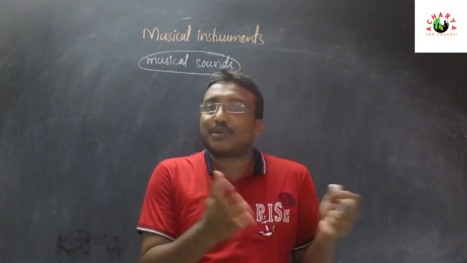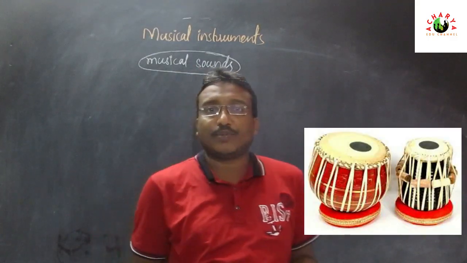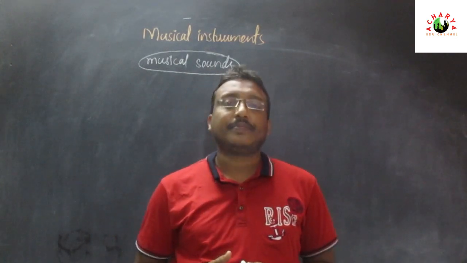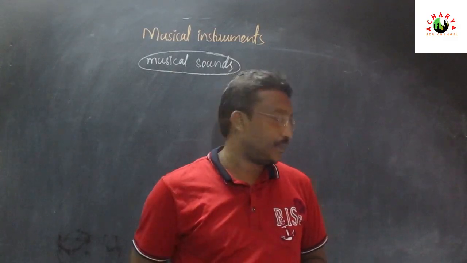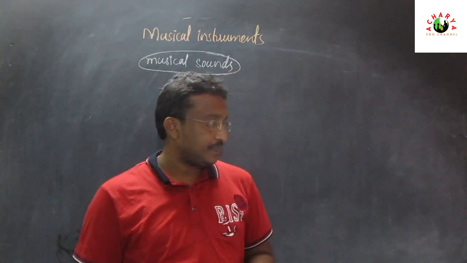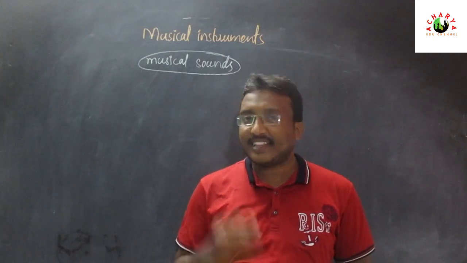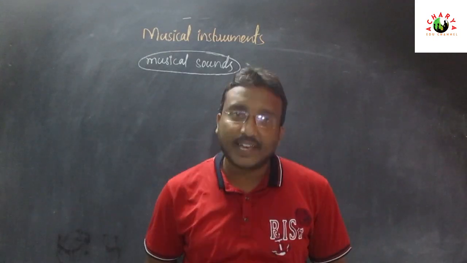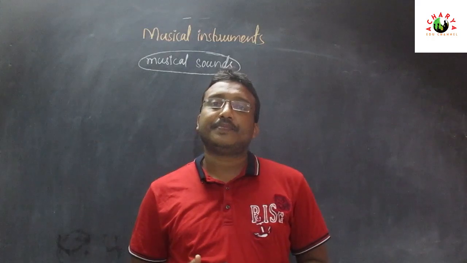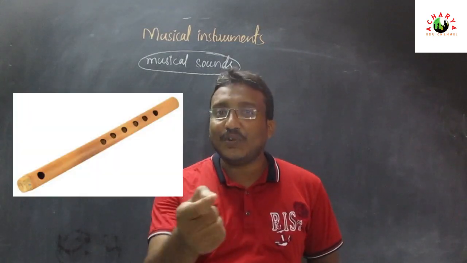Okay, which instrument is producing this sound? Yes, that's tabla. The musical instrument name is tabla. Okay, our next music. This sound is produced by drum. Next sound. This sound is produced by guitar. Next sound please. This sound is from flute. Next sound.